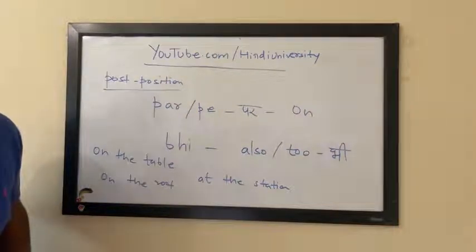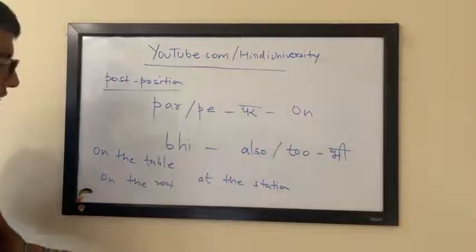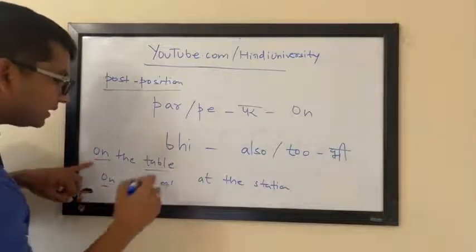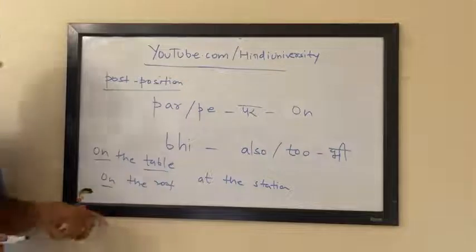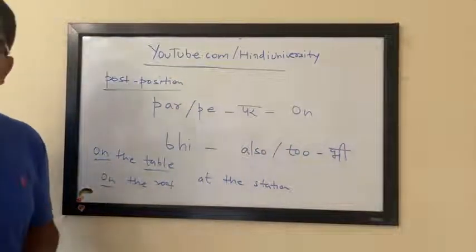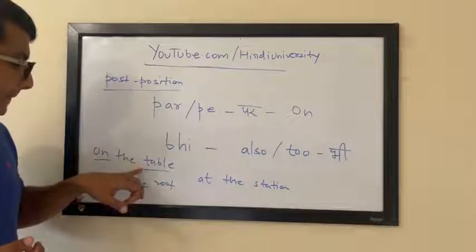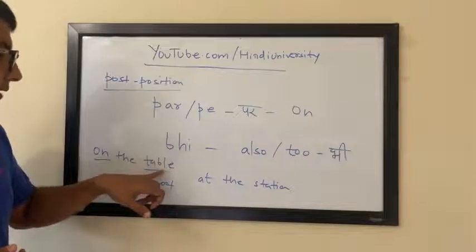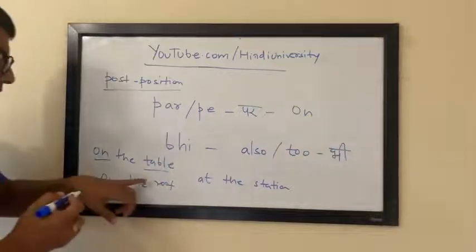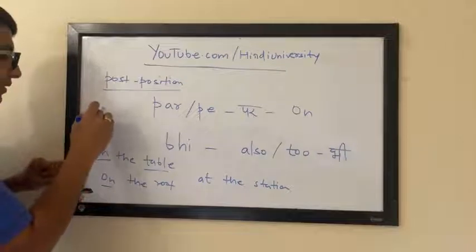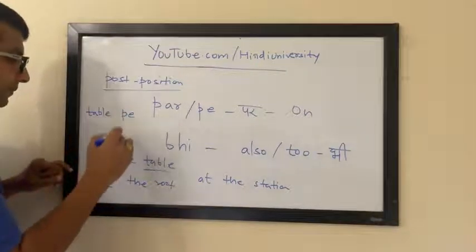As you can tell, in English these keywords come before the nouns or the pronouns in the sentence. That's why in English they're known as prepositions, but in Hindi they follow the noun or the pronoun. So on the table in Hindi will be mez par or mez pe.